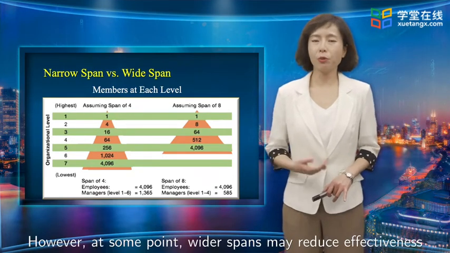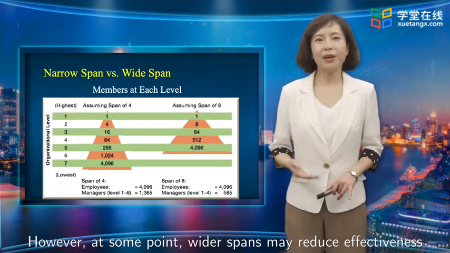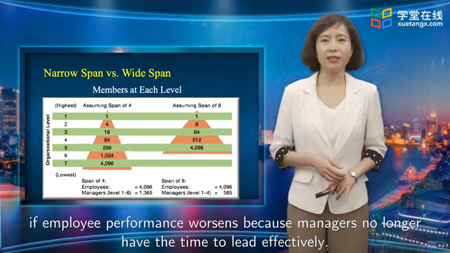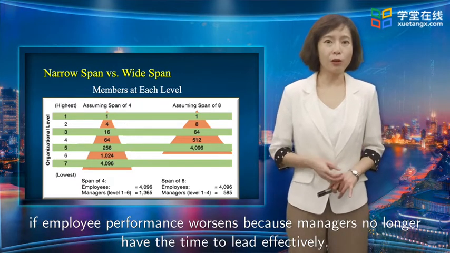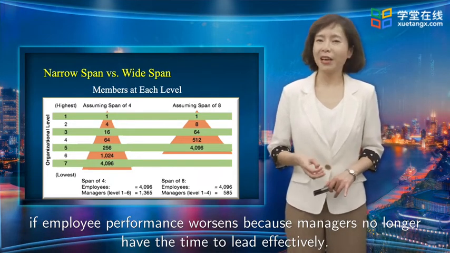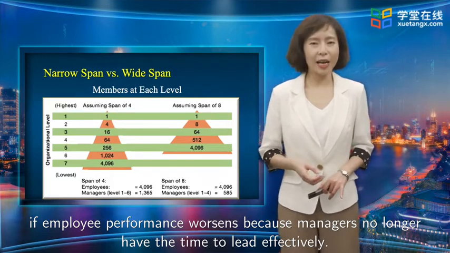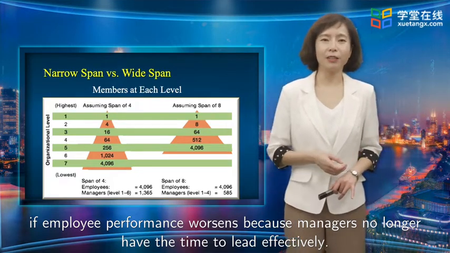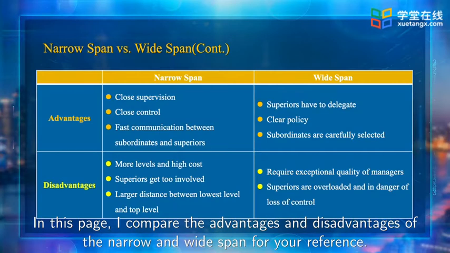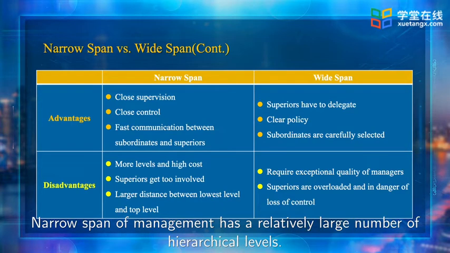However, at some point, a wider span may reduce effectiveness if employees' performance worsens because managers no longer have the time to lead effectively. On this page, I compare the advantages and disadvantages of the narrow and wide span for reference.